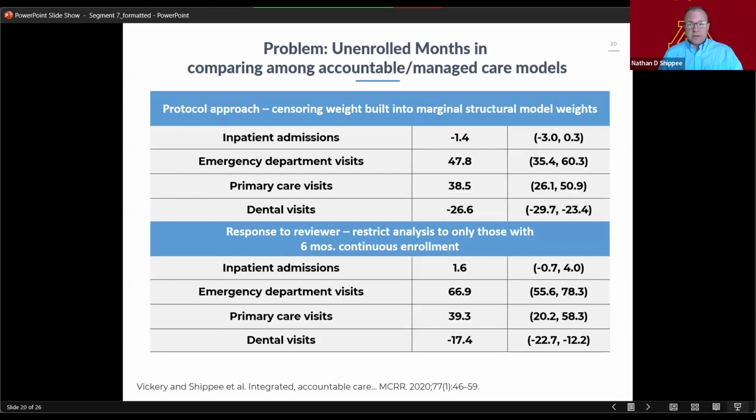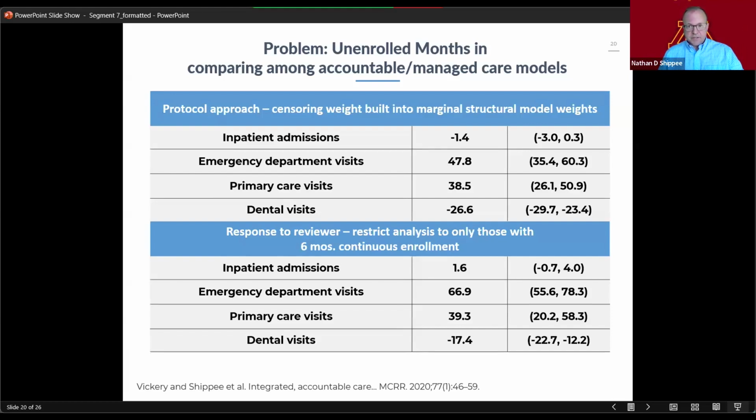And as I mentioned yesterday, one approach to people who drop out due to disenrollment is to use censoring weights. And so we used that in addition to the inverse probability weights we were using for our overall model, and got this set of difference estimates with the confidence intervals.